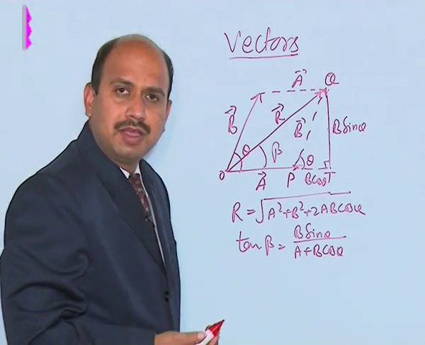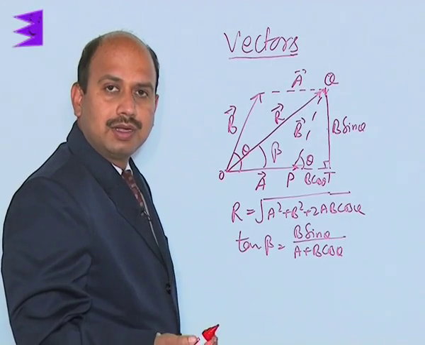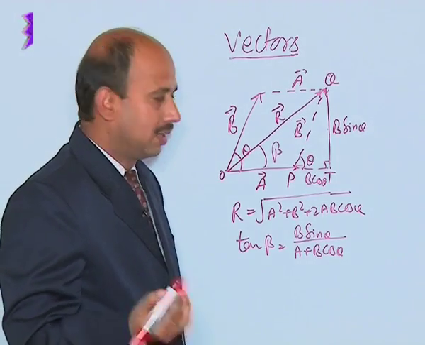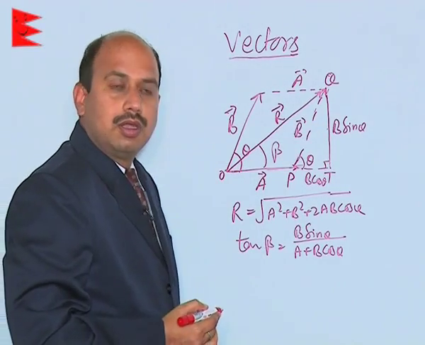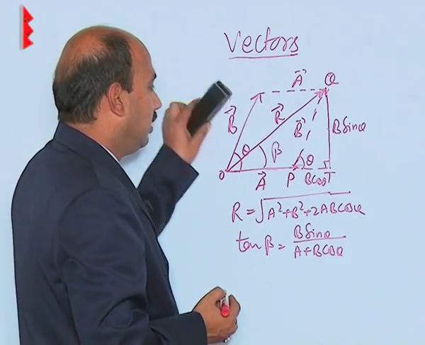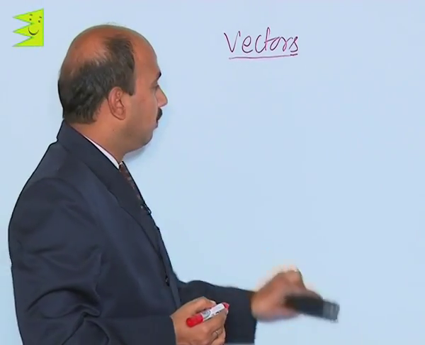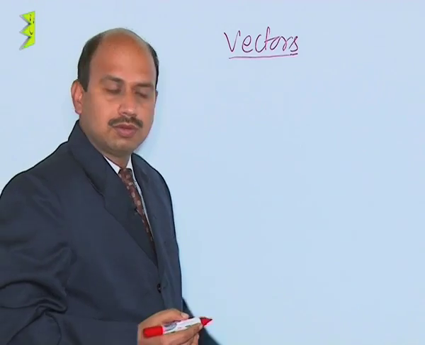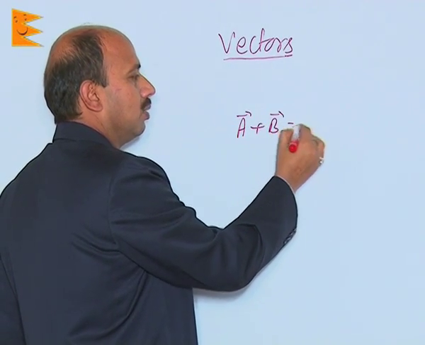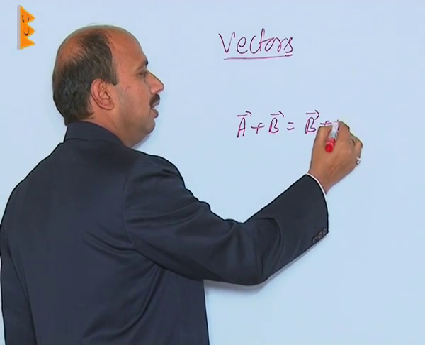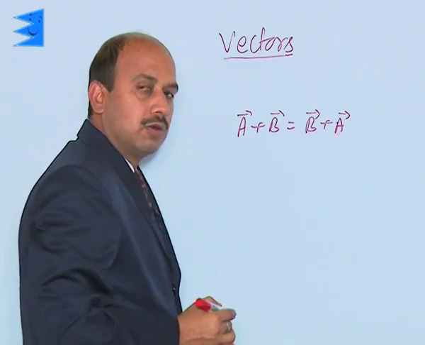So, every method is the same. This analytical treatment is the same for both the triangle law of vector addition as well as the parallelogram law of vector addition, because this is also acting as a triangle here. Now, after this we can take certain rules, like the law of vector addition is commutative. It means if you write vector A plus vector B, that will be equal to vector B plus vector A. So, that means the vector addition is commutative.